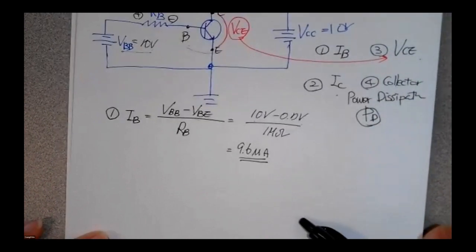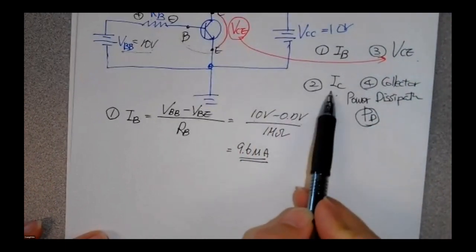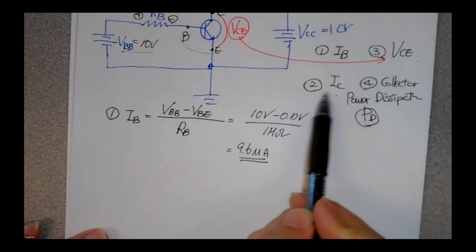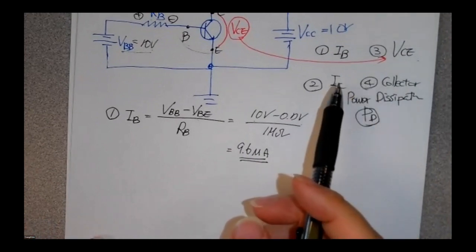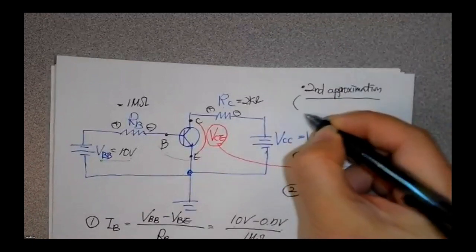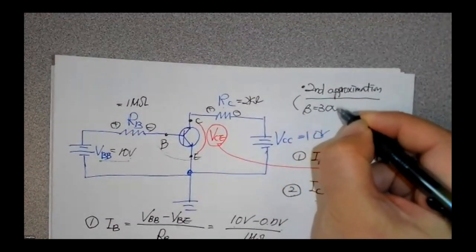So the second question: what is the I sub C? Oh, I'm missing the beta. I'm sorry about that. The beta is 300, we assume that.